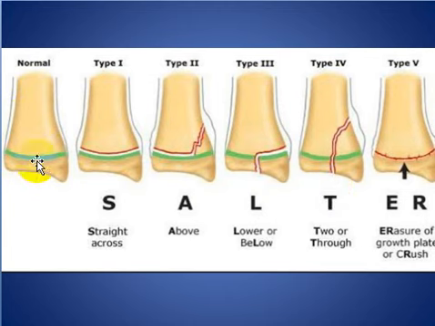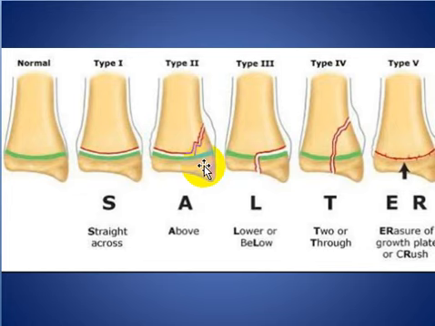This is the normal, and this is the epiphysis, and this in green is the epiphyseal plate, and this is the metaphysis. In type 1, we have injury to the epiphyseal plate, and it can manifest as either separation or widening of the epiphyseal plate, or nothing seen in the radiograph.